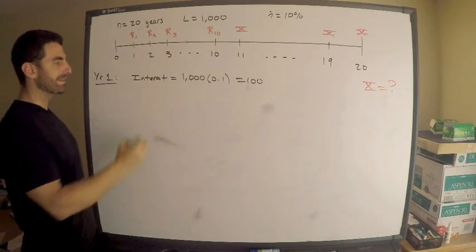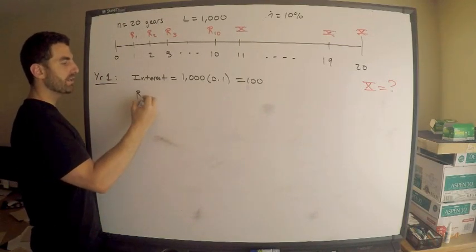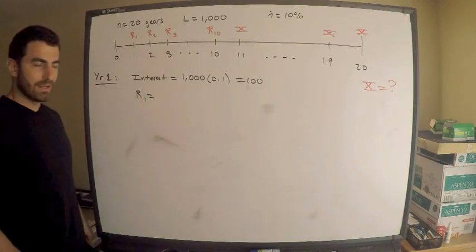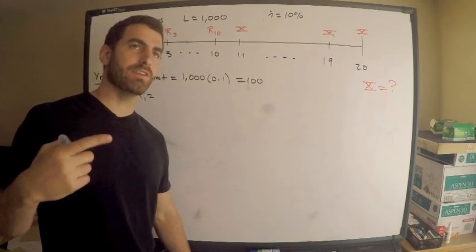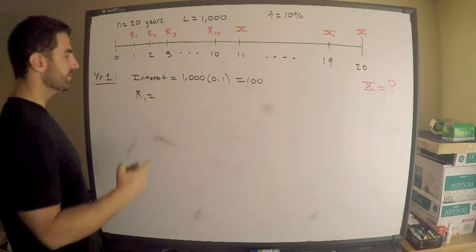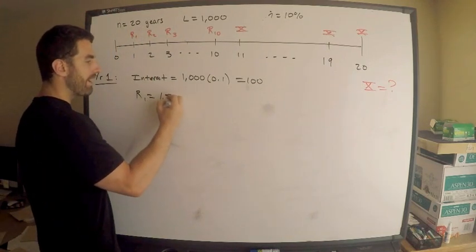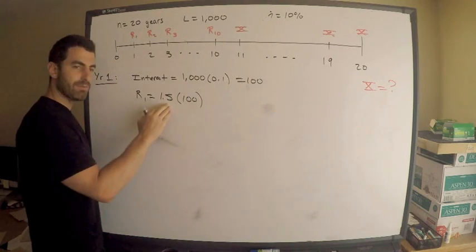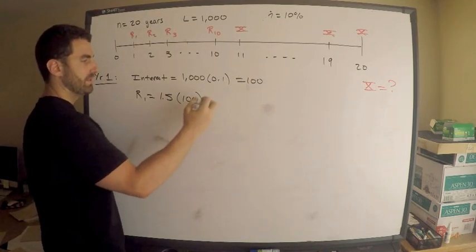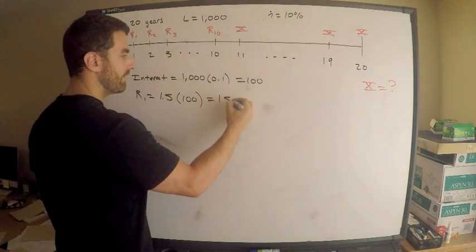Now our payment, which I called R1, remember our payments in the first 10 years are 150% of the interest due. So in other words, 1.5 times the interest due. This is equal to 150.